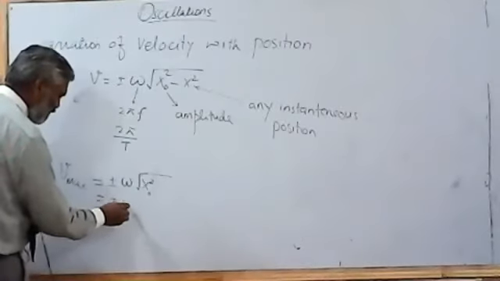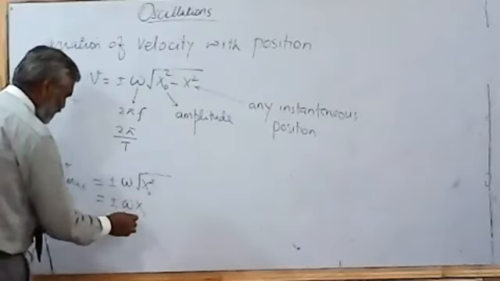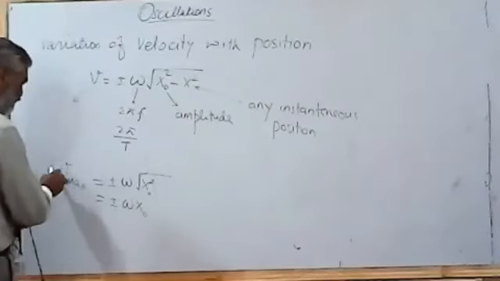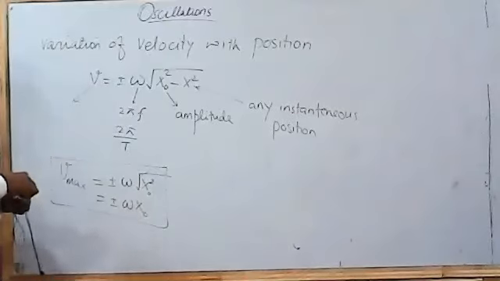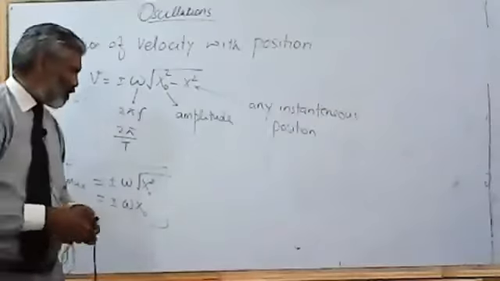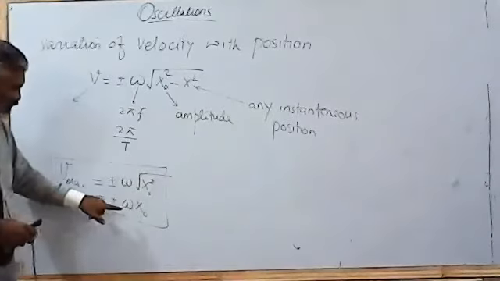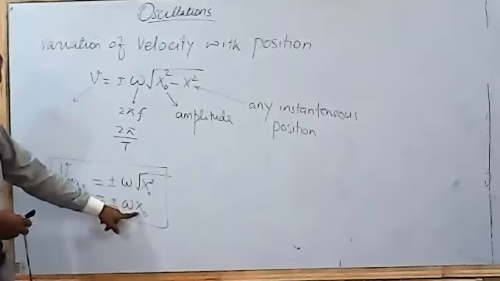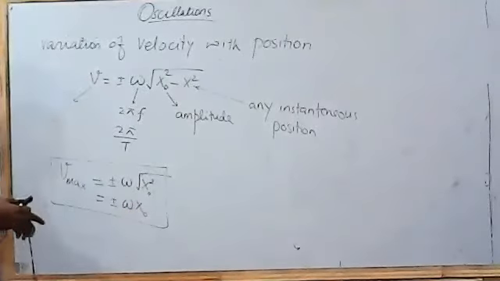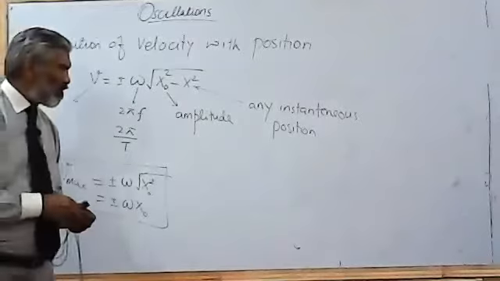So plus minus omega x naught. This is always the maximum velocity of an object executing simple harmonic motion. That means if you know the frequency given and if you know the amplitude of that oscillation, you can calculate the value of maximum velocity.